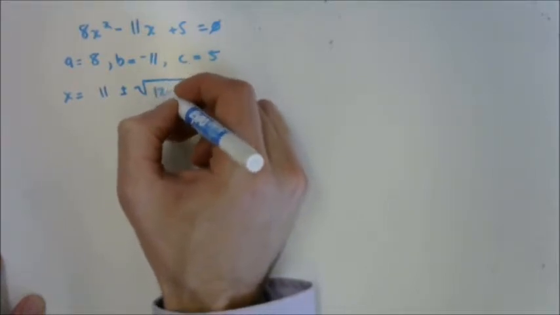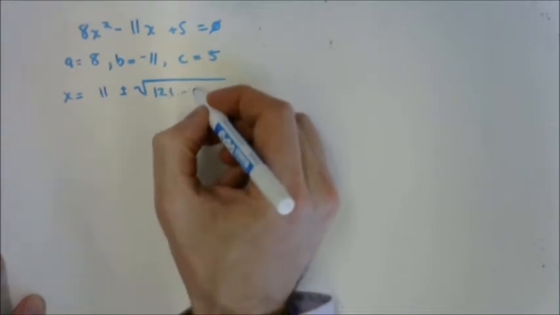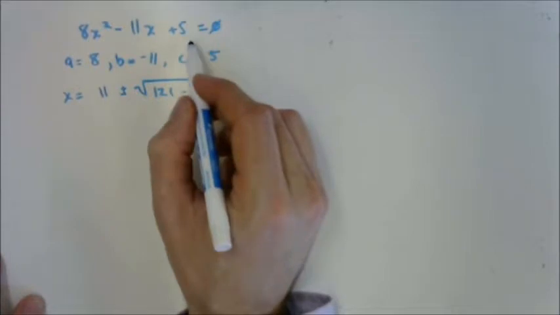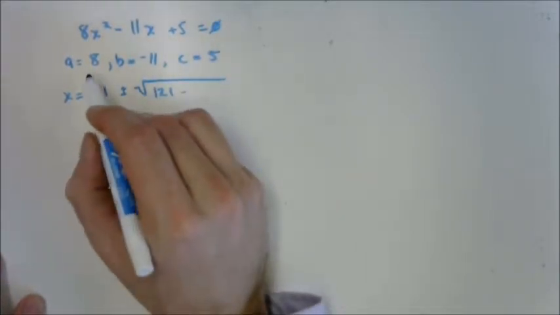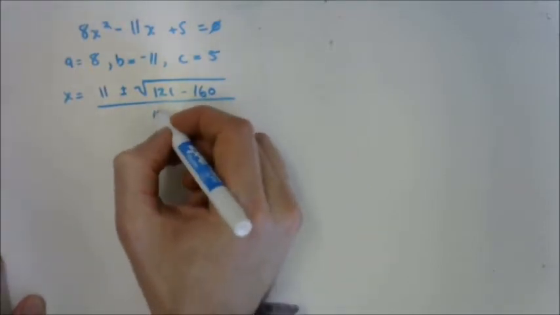I'm just going to go ahead and write 121, so negative 11 squared is 121, minus 4ac. So that's 4 times 5 is 20, times 8 is 160, all over 2 times a, which is 16.